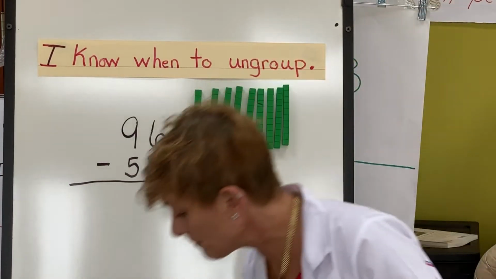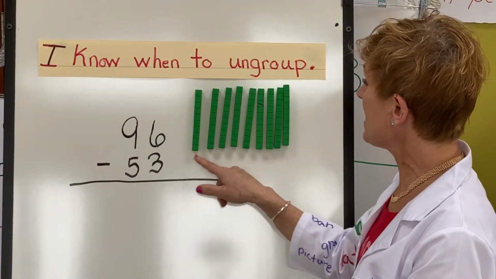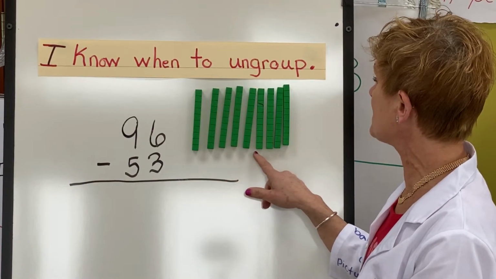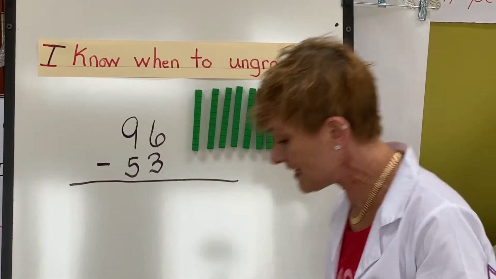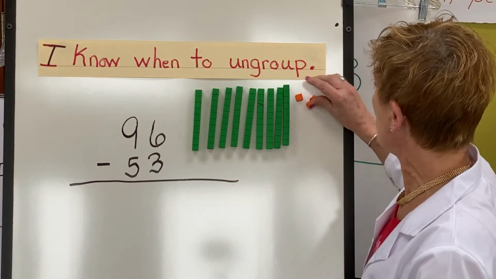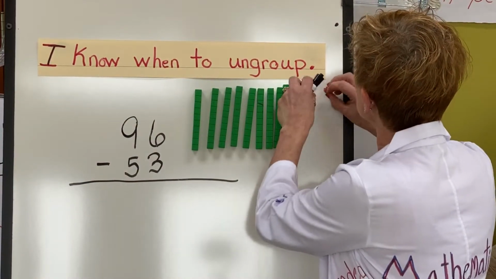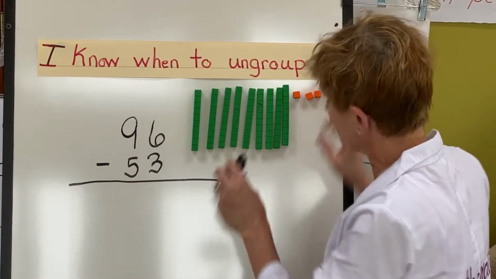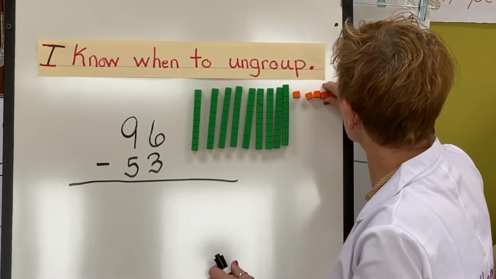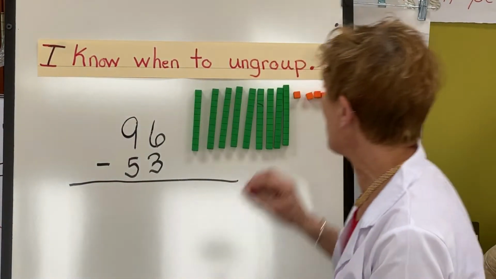Now I'm going to count by tens. 10, 20, 30, 40, 50, 60, 70, 80, 90. And then I'm going to put my 6 ones up. 1, 2, 3, 4, 5, 6.